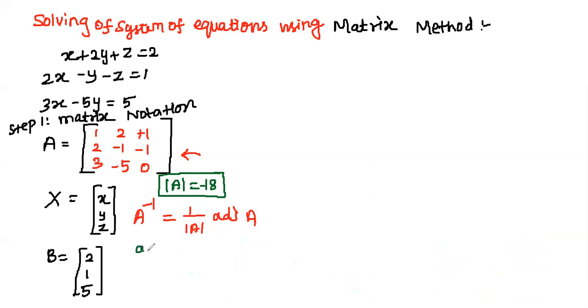For finding the adjoint of A, I think you remember the procedure. Step 1 is to find the minor, and then you have to find the cofactor, right? So we'll find the minor.